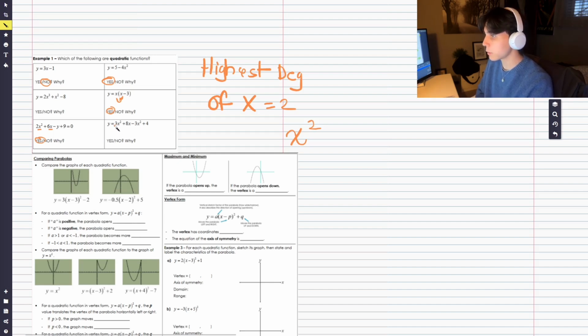Those are actually going to cancel out. Since we have a plus 3x squared and a minus 3x squared, that is just going to give us 0. We're just going to be left with 8x plus 4, which is a linear equation. So that's a linear line, not a quadratic.